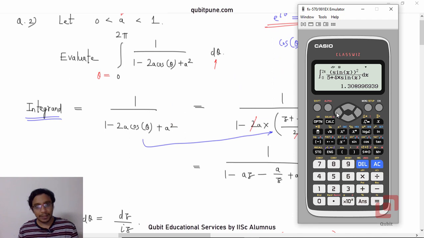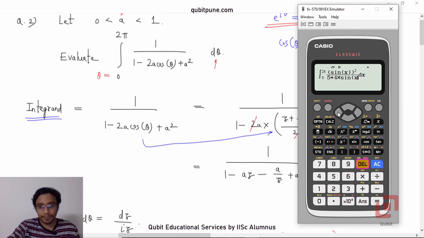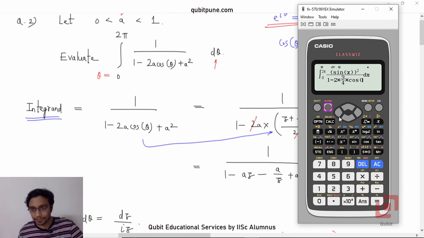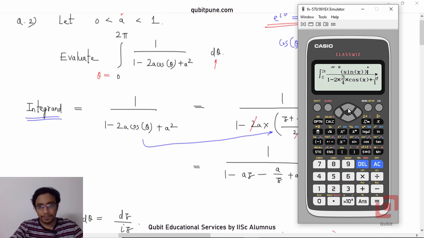So let's not disturb the limits. Let's only go to the integrand. What we have in the denominator is now 1 minus 2 into 3 by 4 into cos x plus 9 upon 16, which is the square of a, the value of a that we have chosen, and the numerator is 1.